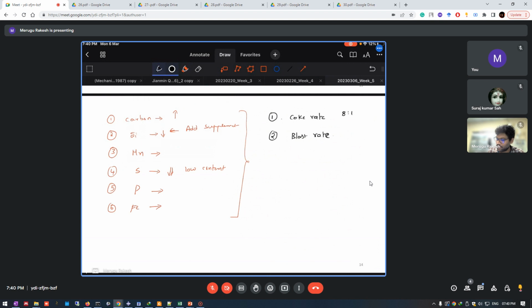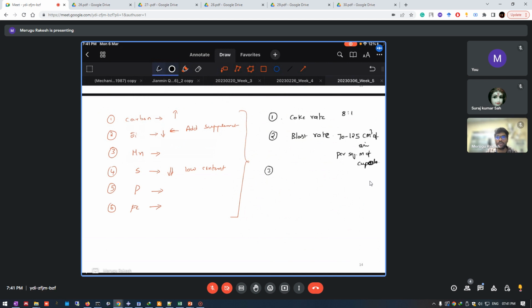This blast rate will be around 70 to 125 cubic meter of air per square meter of cupola. Okay, so we need around 70 cubic meter of air per 1 square meter of cupola. This is the blast rate.